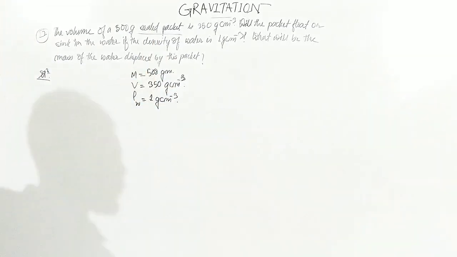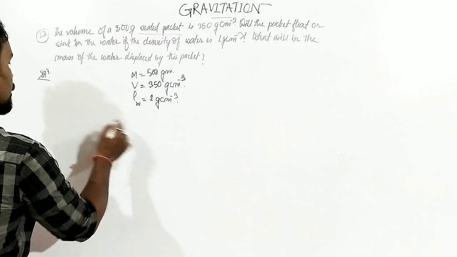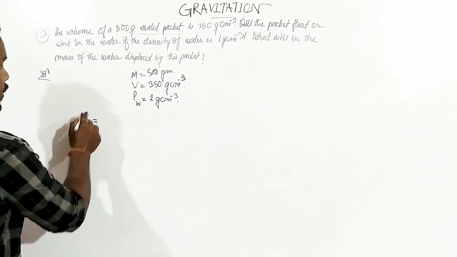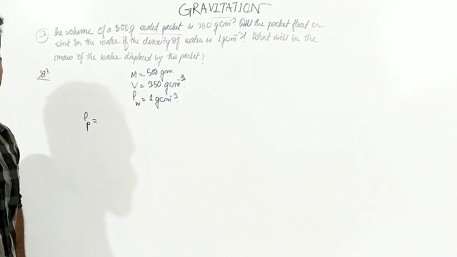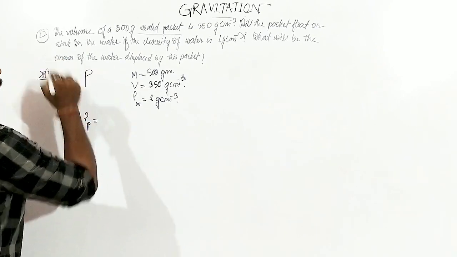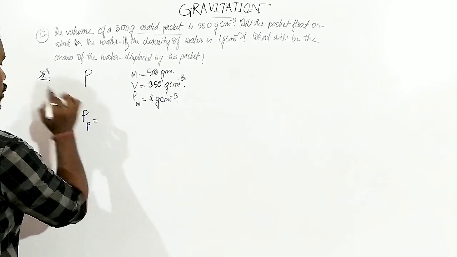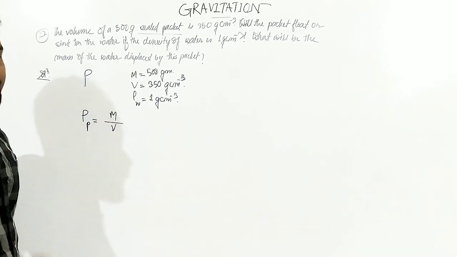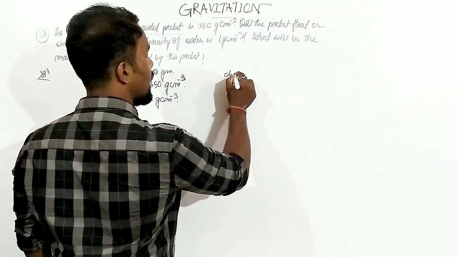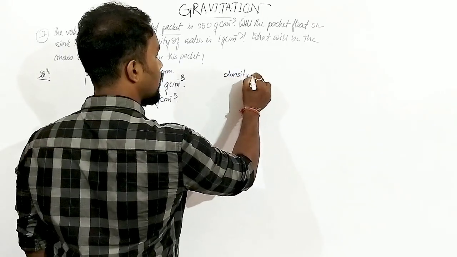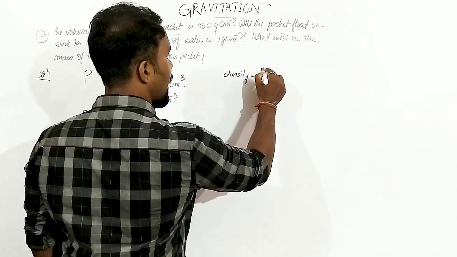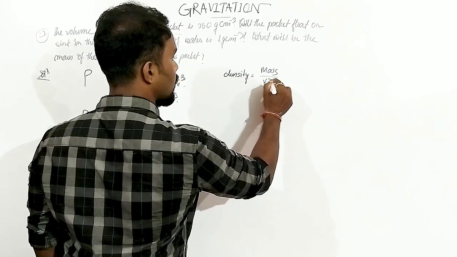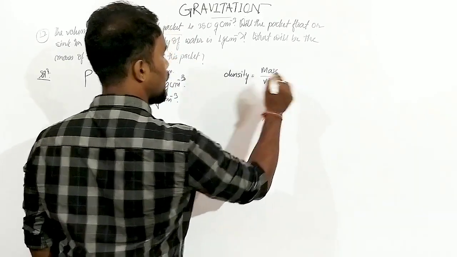So mass and volume are given. It is quite simple to calculate the density. So the density of the packet, rho p, density is always represented by the symbol rho, right? So we will write it properly. Rho p is equal to what? Mass by volume. Density equals mass by volume, that is the formula.